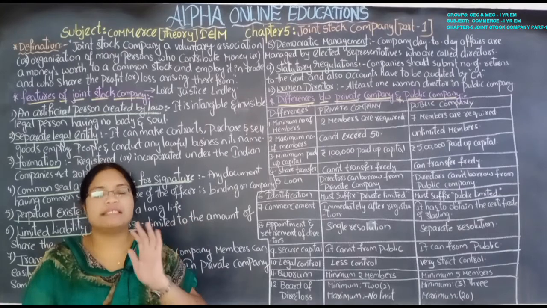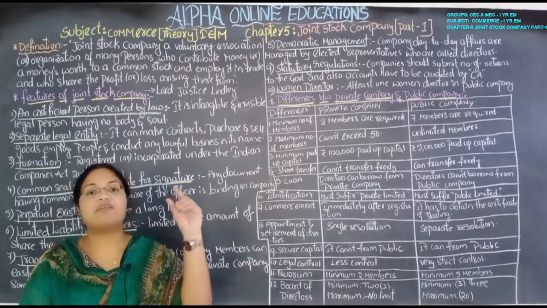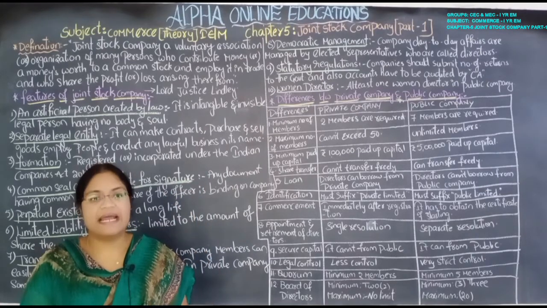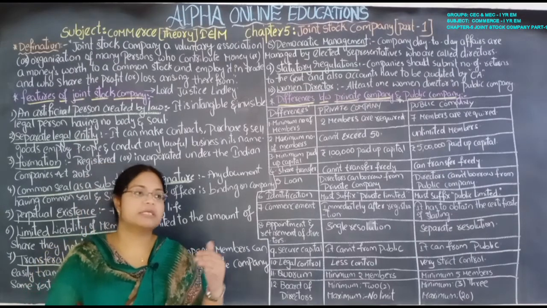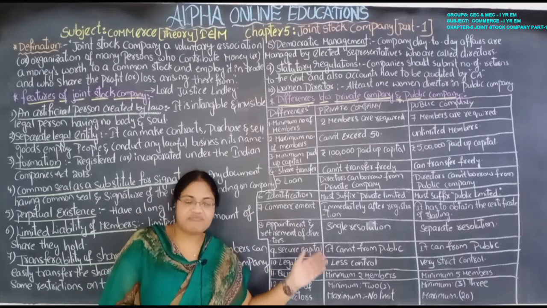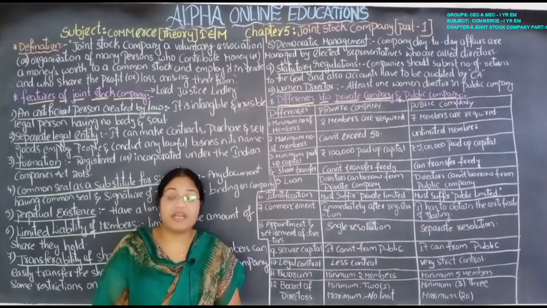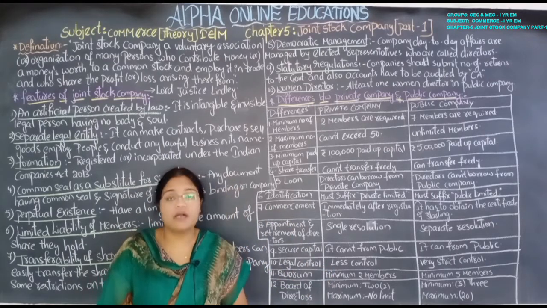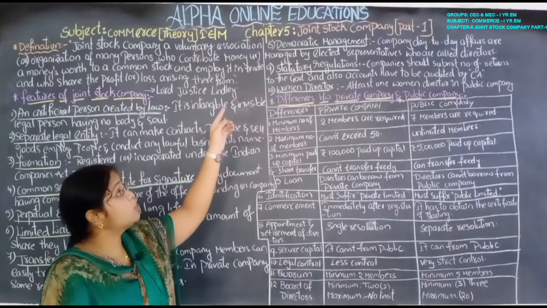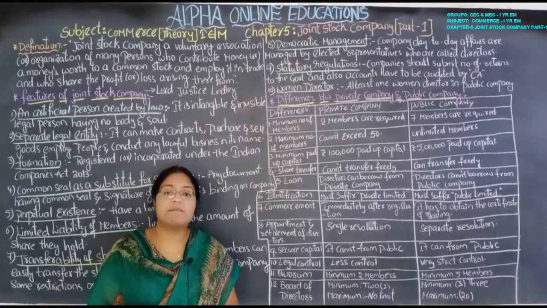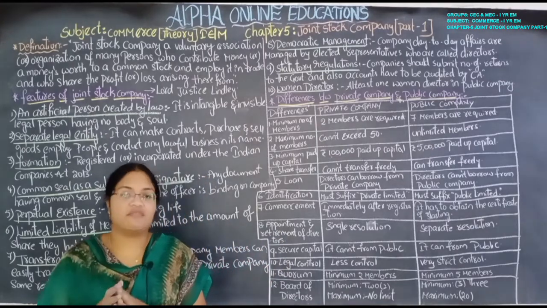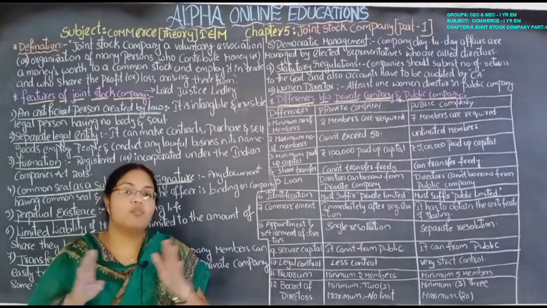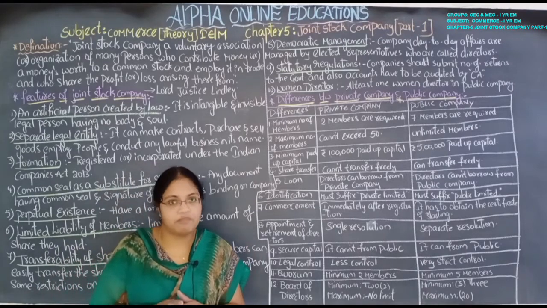Both are not similar. According to that accounting concept, in the joint stock company also the owner is different and the company is different. Both are separate.